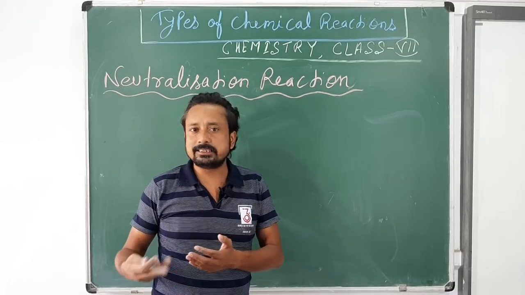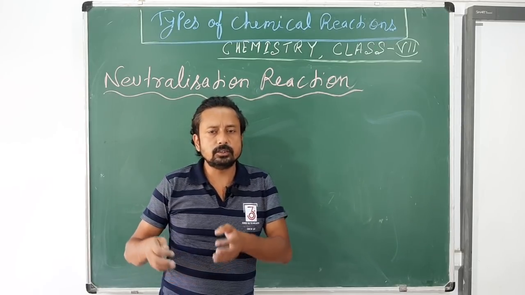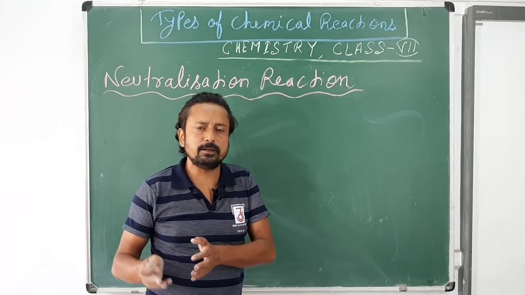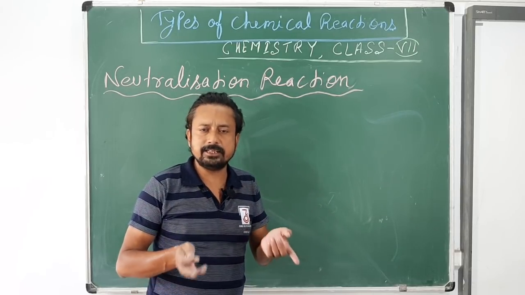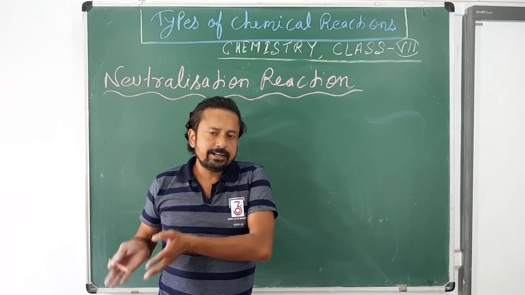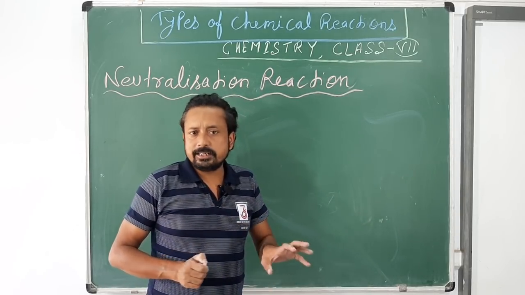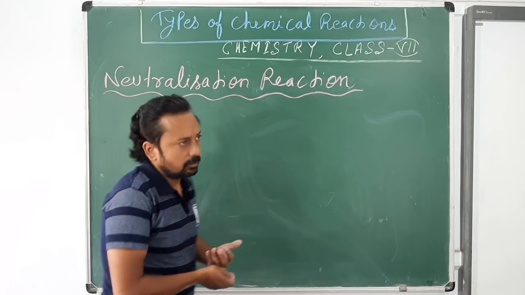The acid loses its acidic character, and acidic character is due to H+ ions. So the acid part loses its H+ and the base loses its OH-, and H+ and OH- mix and form water molecules, and the negative radical of the acid and the positive radical of the base mix to form a neutral salt.